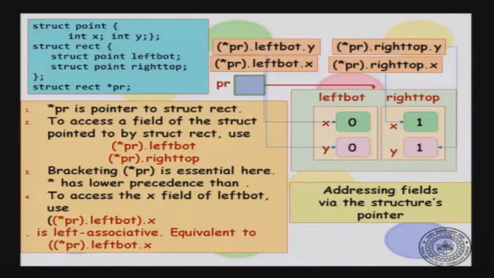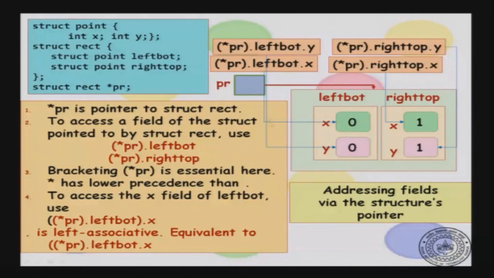Now, let us see what the memory depiction of this looks like. When you define struct rect star PR, PR is a pointer to a structure of type rectangle. If you want to access the y coordinate of the left bottom, you would say star PR dot left bot dot y.